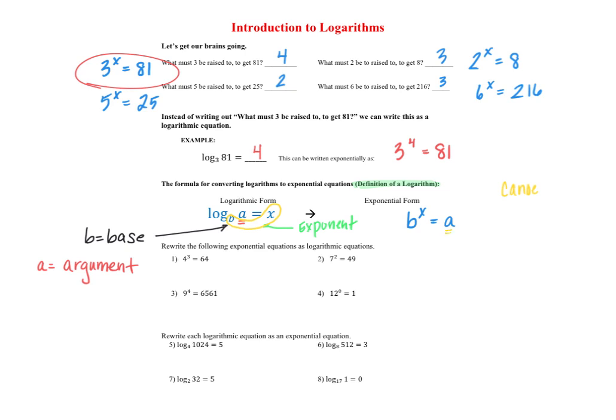So in the next two sections, we're just going to focus on switching our forms. Rewrite the following exponential equations as logarithmic equations. The base of my exponential expression is going to be the base of my log. These b's are the same. So I'm going to write this as log base 4. My exponent, my 3 here, is always going to be what my log equals.